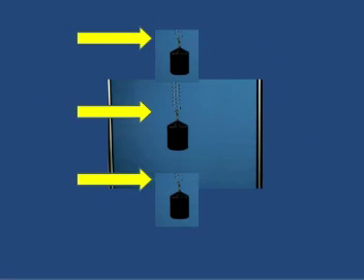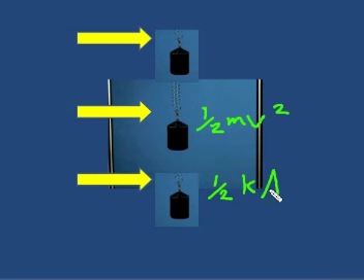So let's just review. In the middle point, we're calling that, we're already extended, our 0 point. And the energy it has, once this is oscillating, is the maximum kinetic energy, 1/2 mv squared. That's the maximum velocity. And at the maximum extension, the velocity is 0, and we have 1/2 kA squared. Energy is conserved.